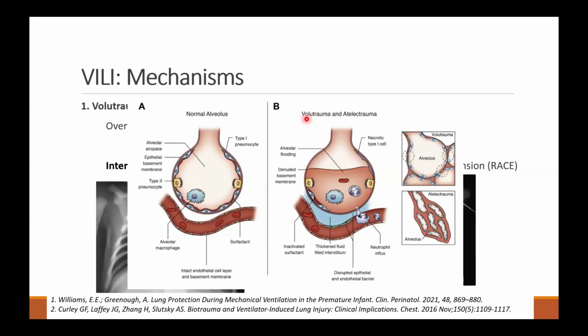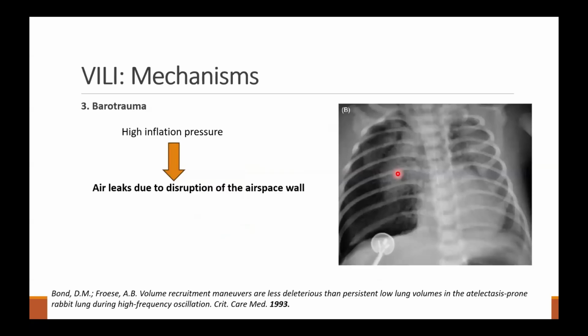But when volutrauma or atelectasis happens, it leads to the denuded basement membrane and ultimately alveolar flooding, which usually happens due to the necrotic type 1 cells. There would be damage to type 2 cells, which leads to inactivated surfactant and ultimately causes neutrophil influx, which causes the capillary leak, and the fluid in the interstitium would be more, and this will ultimately lead to volutrauma and atelectotrauma.